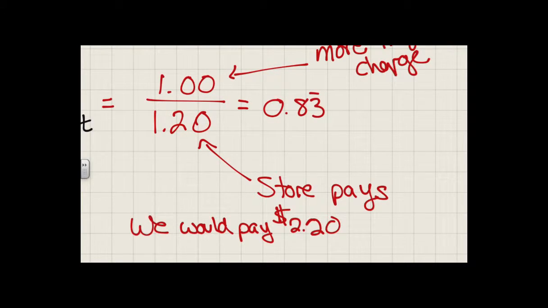If we were to convert that into a percent by multiplying by 100 or moving the decimal 2 places, not 3, oh my goodness, not 1, oh man, but 2 places, what would be the actual percent here? 83%. So we would say, let me change the color here, that there is an 83% markup on that item. There's an 83% markup on that block of cheese.